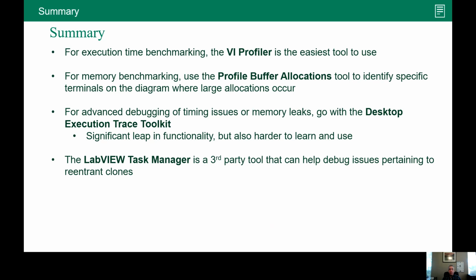Now, for benchmarking issues with memory, so now you're not troubleshooting execution time, but you're troubleshooting memory usage, the profile buffer allocations tool is a great tool for that. Prior to this tool, we had the show buffer allocations tool, which let us play hide the dots, but that is nowhere near as useful as the profile buffer allocations tool to be able to identify those specific terminals that actually did allocate large amounts of memory while the code was executing.